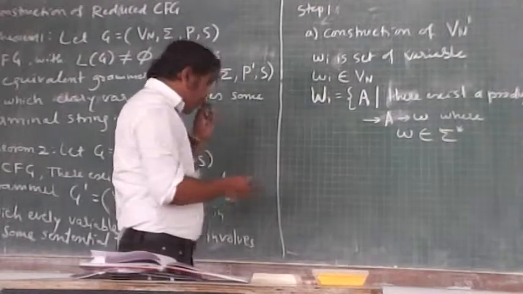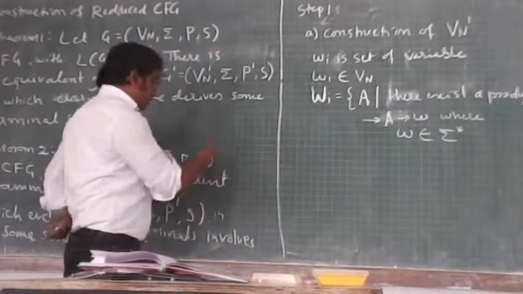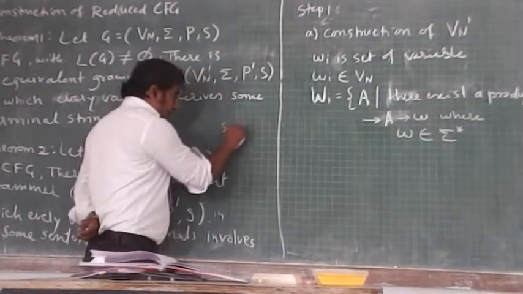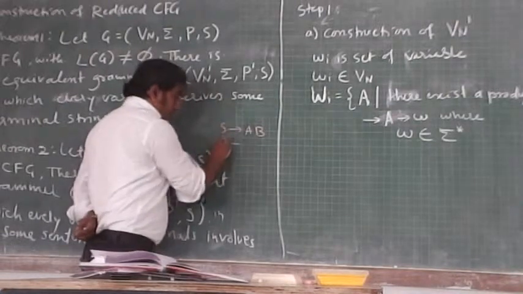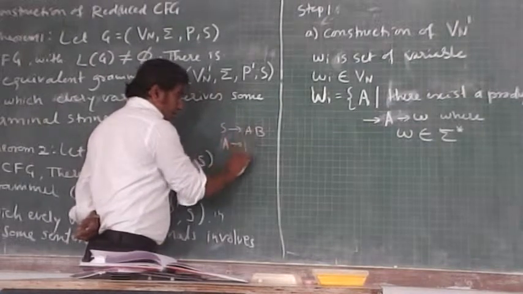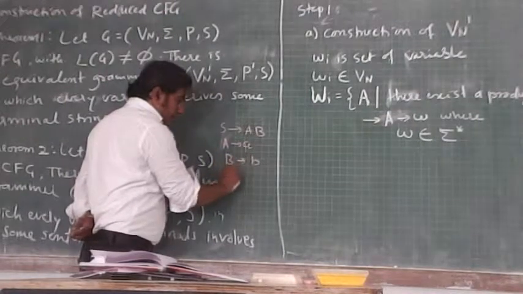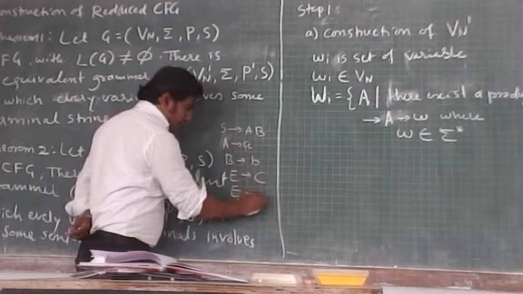For example, I will write that example here. Yesterday we saw a grammar: S implies AB, A implies a, B implies b, E implies C, and E implies small c.